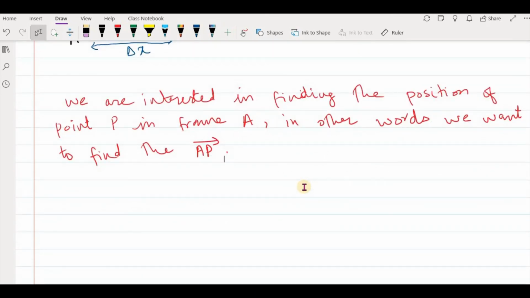So let's write down here. Frame A is a reference frame.